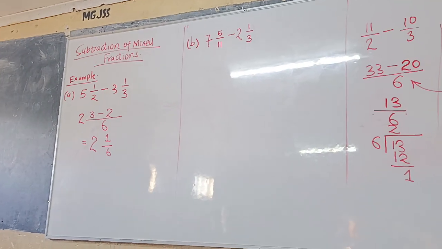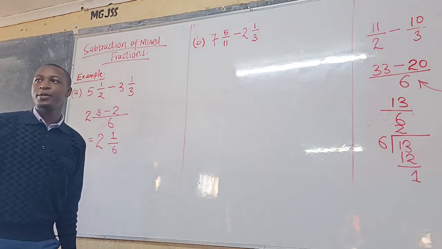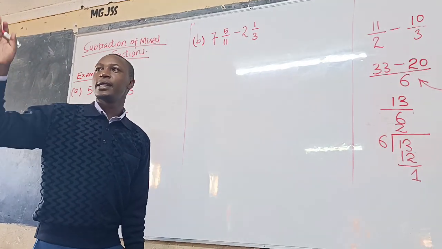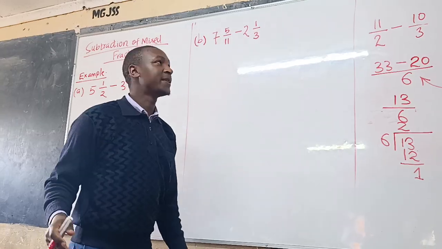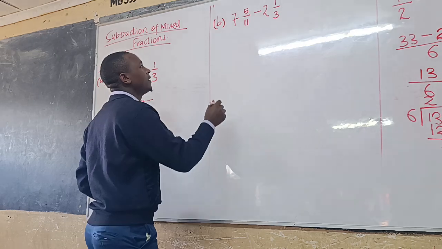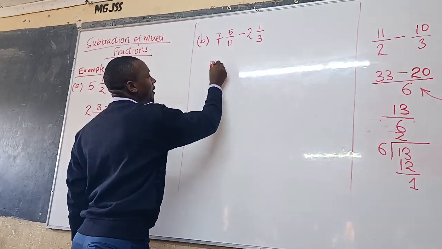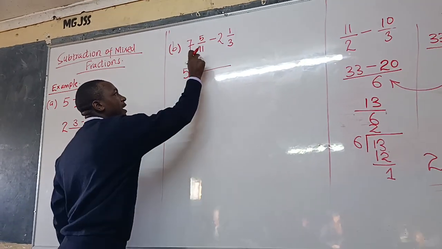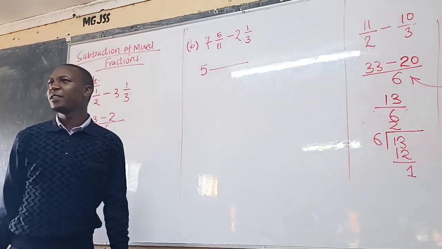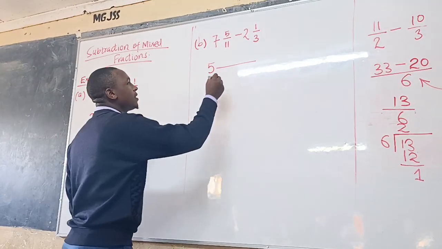Let's go. So if we use this method, tell me what is the first thing we do? Somebody. Yes. We subtract the whole numbers, which is 7 and what? 7 and 2. So what is 7 minus 2? 5. And then the LCM of 11 and 3. So what is the LCM of 11 and 3? Somebody? Yes, Ezra? 33.